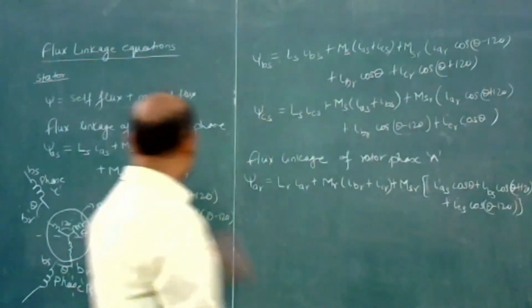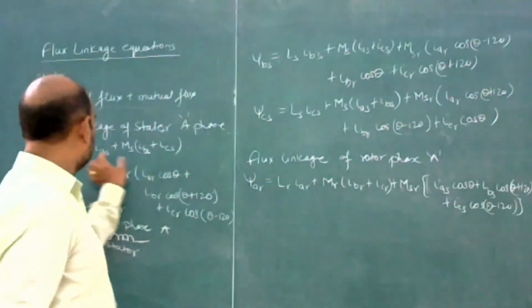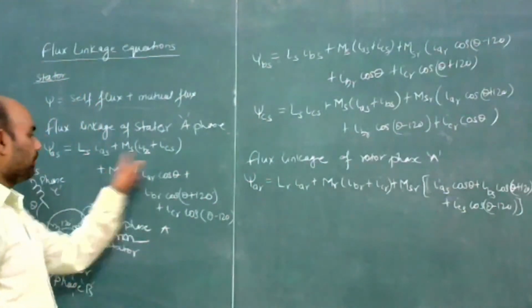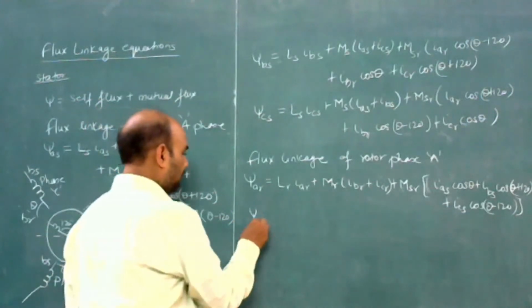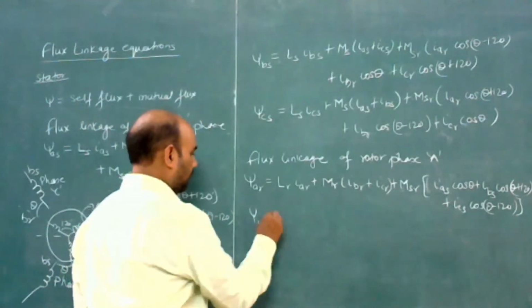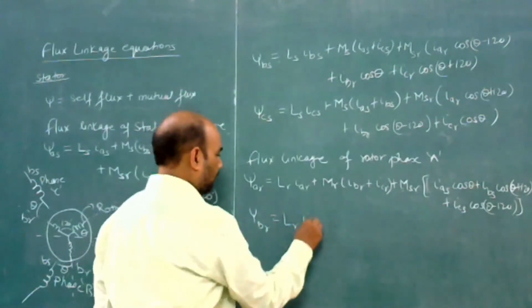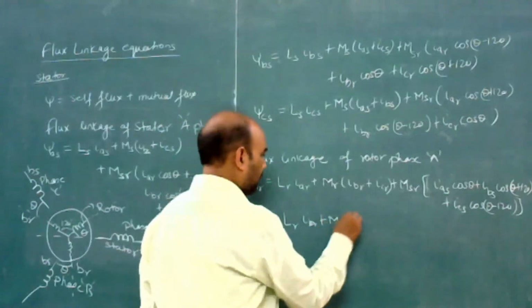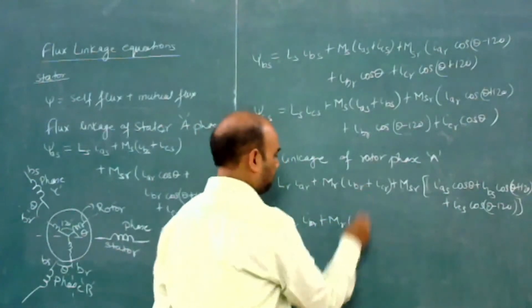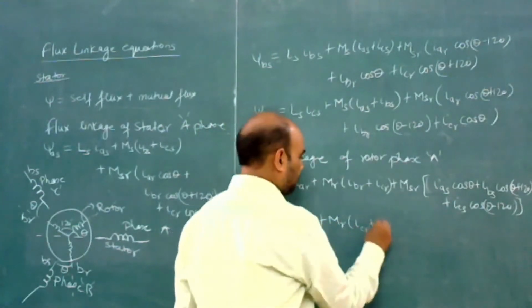This will be similar, only S changes to R. For phase B, psi BR will be equal to LR IBR plus MR times ICR plus IAR.